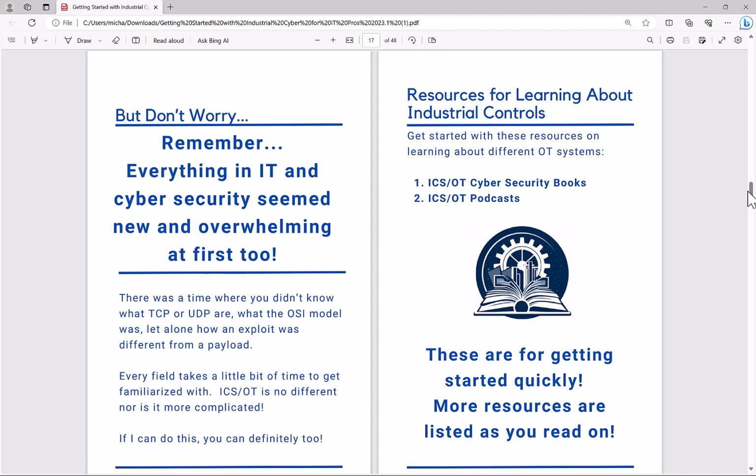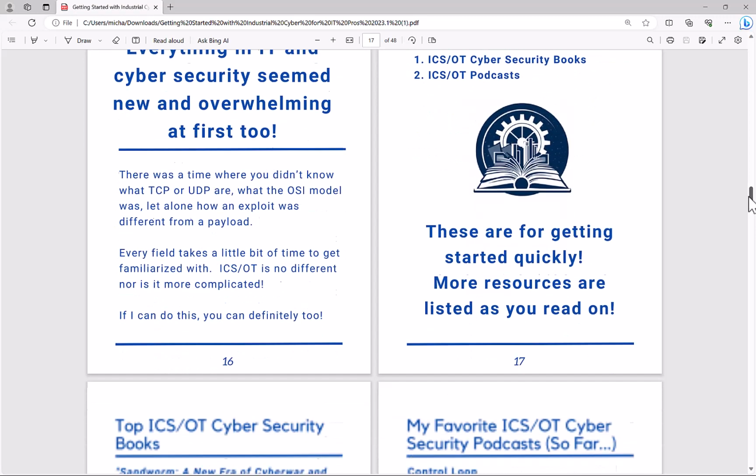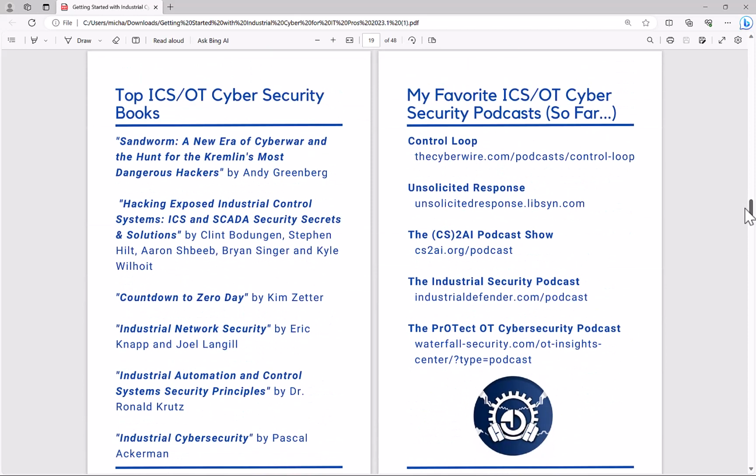So you can see just a couple of resources to help get you started, a kind of quick start along this path. There are some great books. Sandworm by Andy Greenberg is my favorite, but you can see some others. Hacking Exposed is also one of my favorite books, because I come from a penetration testing background and have a lot of fun with that.